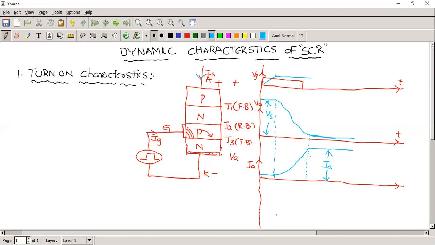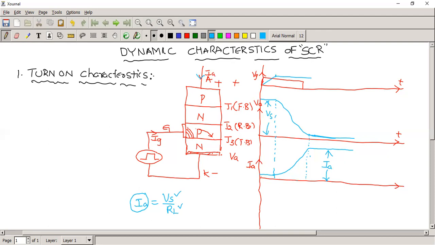This current depends upon IA equal to VS by RL. What is VS? Source voltage, nothing but a voltage which is applied across the SCR. RL is nothing but a load resistance, the resistance in the anode circuit. These two parameters are controlling the magnitude of IA. The magnitude of IA depends upon the supply voltage as well as load resistance.